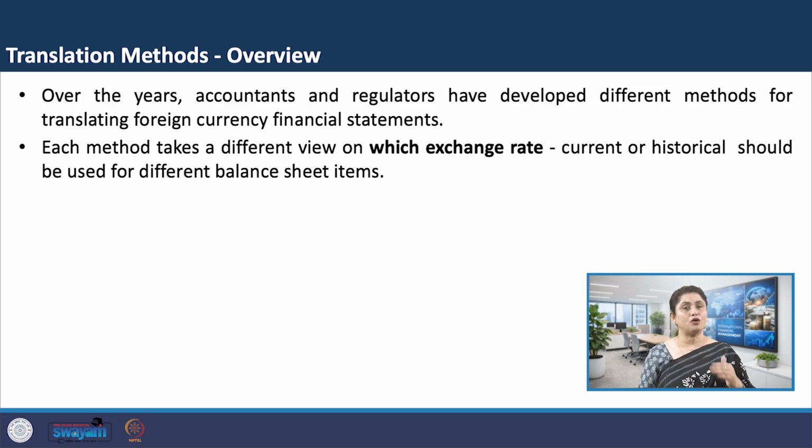And at the heart of each approach is one fundamental question: for any given item on the balance sheet or income statement, should you use the exchange rate that exists today, that is the current or closing rate, or should you use the exchange rate that prevailed when the item was first recorded, that is the historical rate?